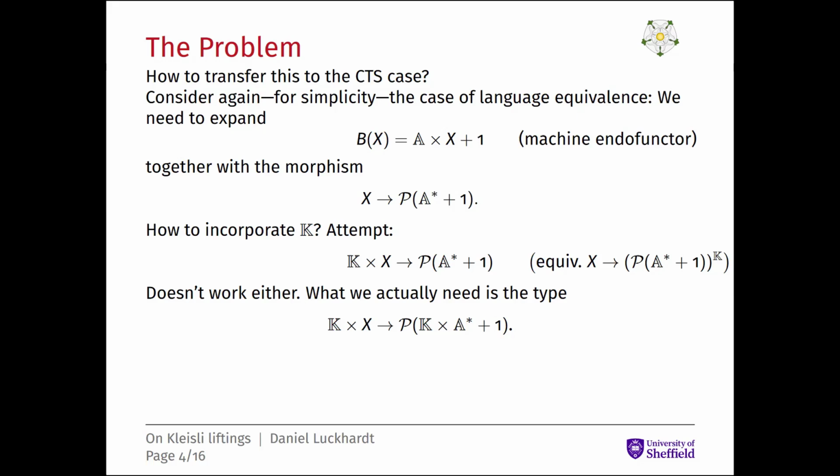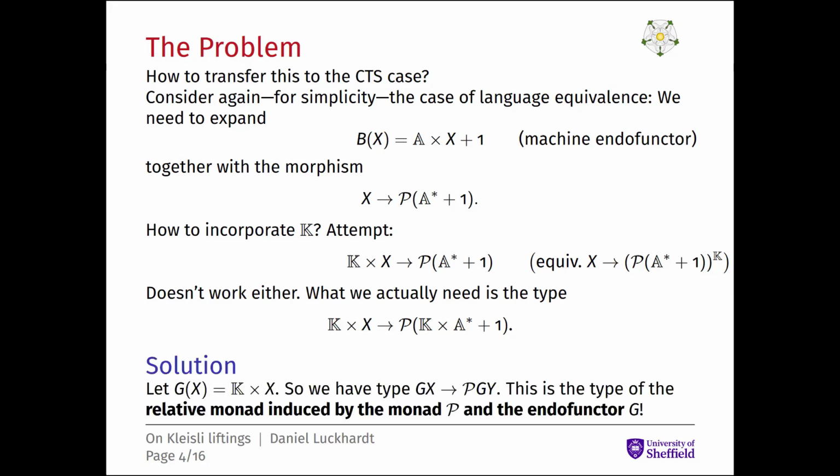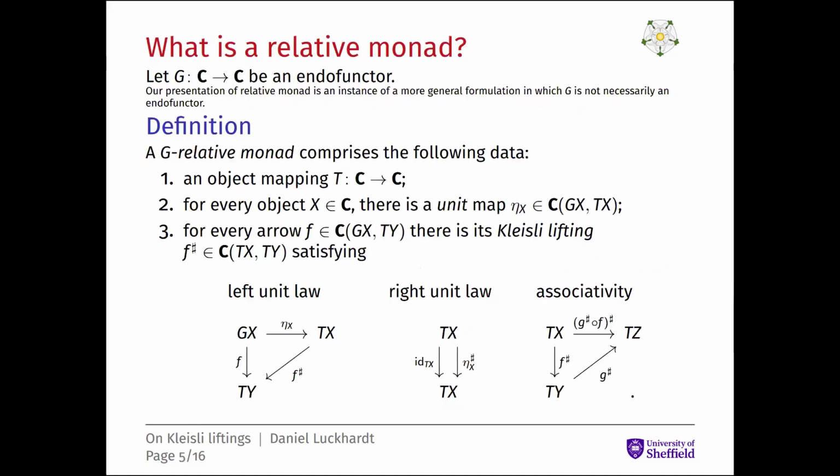And after searching a bit, we found out what it actually is. This is the relative monad induced by P as the endofunctor, so the power set monad over G, where G is this multiplication with K. Of course, now I owe you some explanations of what a relative monad is.